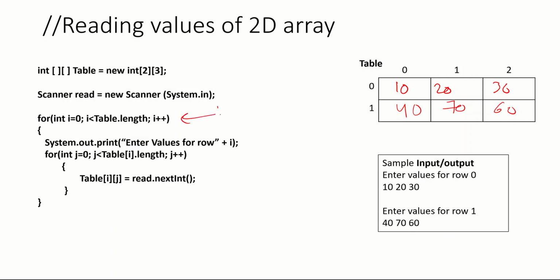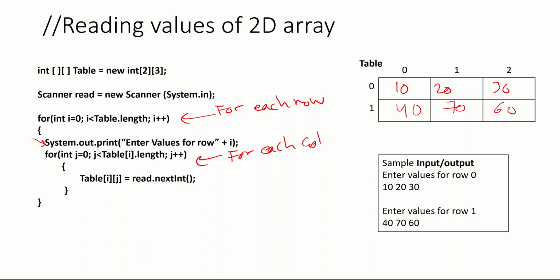Remember, the first loop is for each row, and the second loop is for each column. I need to display a message at the beginning of each row, which is why we have the system.out at the beginning of the i loop. Then we have the j loop, and inside the j loop, we are doing the reading.